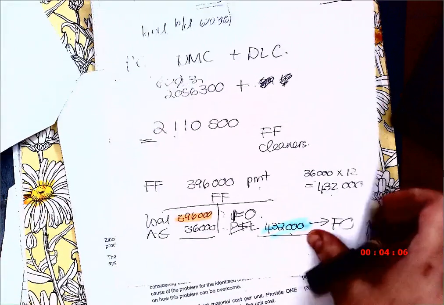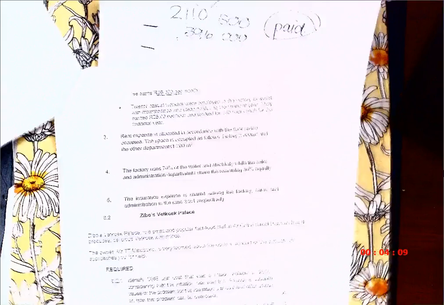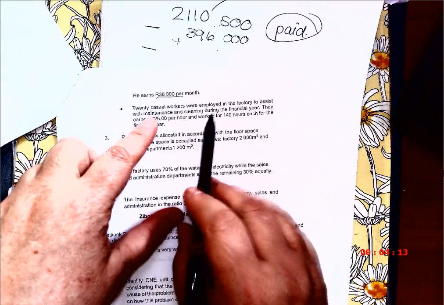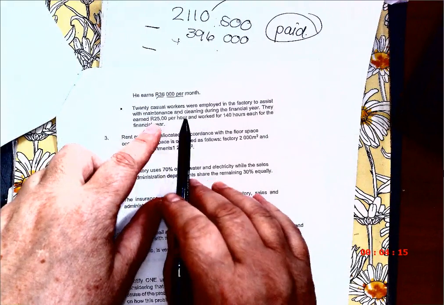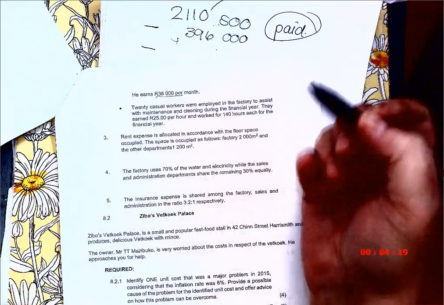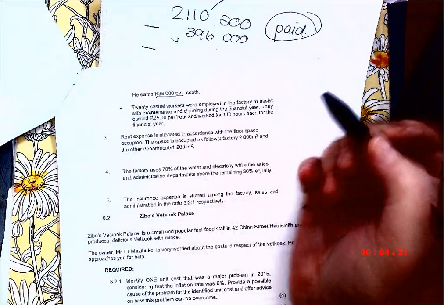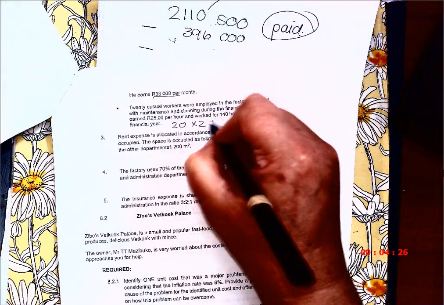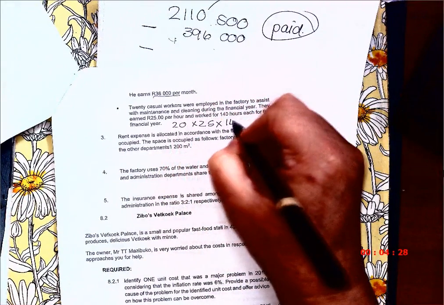So now if I go look at the casual workers. The casual workers were employed in the factory to assist with maintenance and cleaning. They earned 25 Rand an hour and worked 140 hours in this year. So it's 20 workers, 25 Rand, 140 hours.